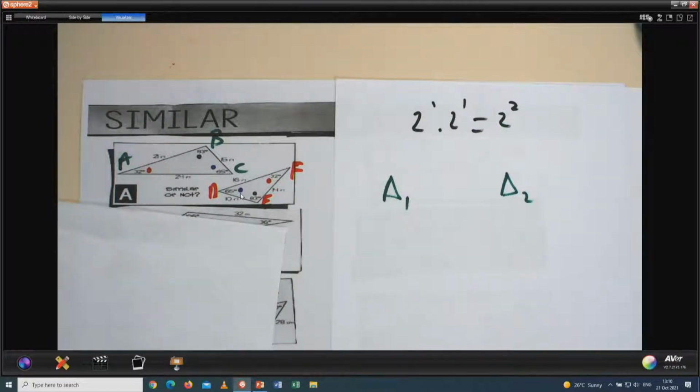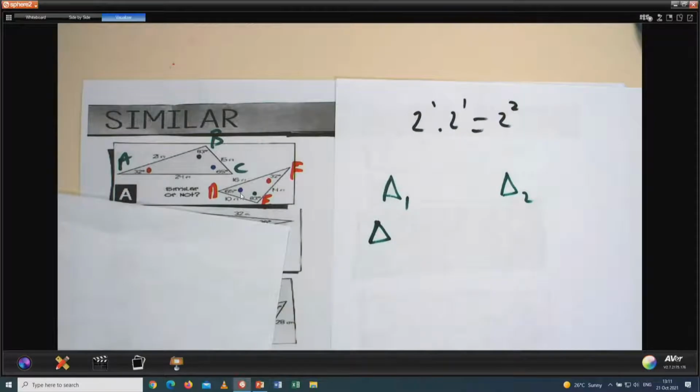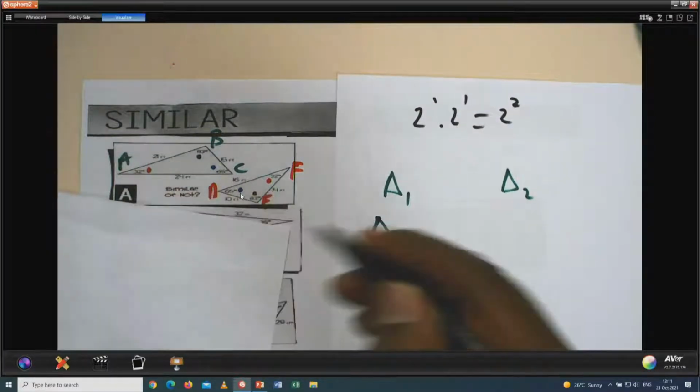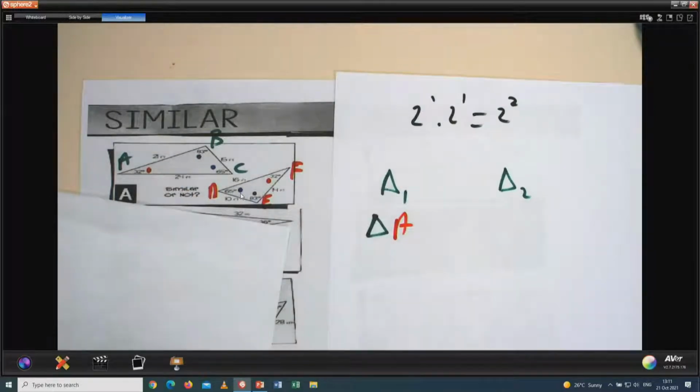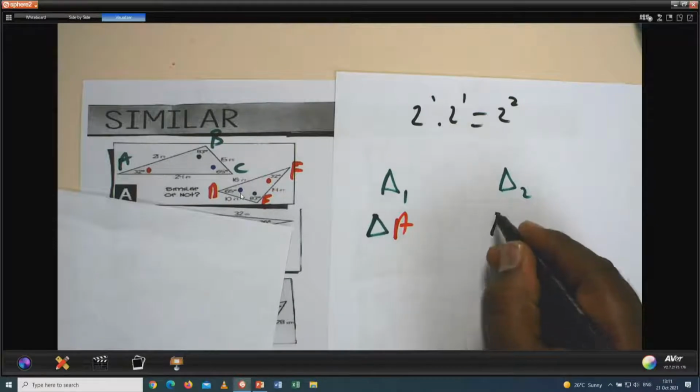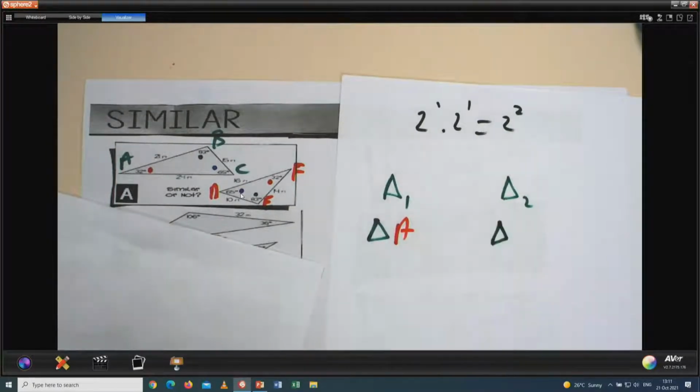In triangle ABC, red angle starts with A, angle A. In that one is angle F, sorry. It's angle F. All right. Angle F.